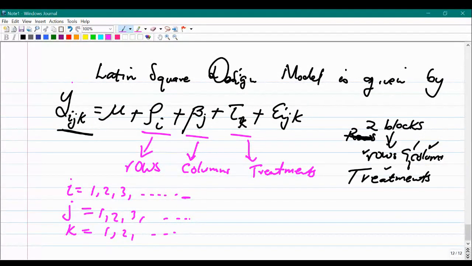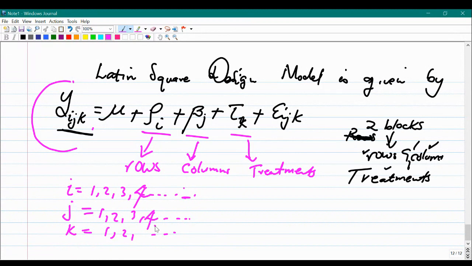You must indicate the model is given by this, and then when you define the range, you must indicate how many cars you have: 1 to 4. How many blocks? 1 to 4.